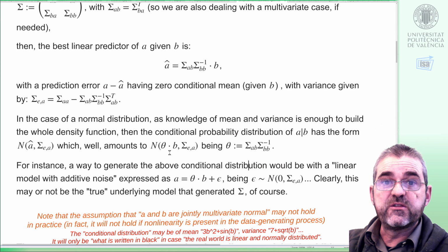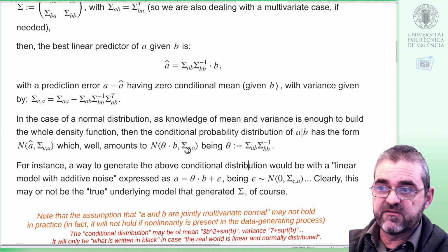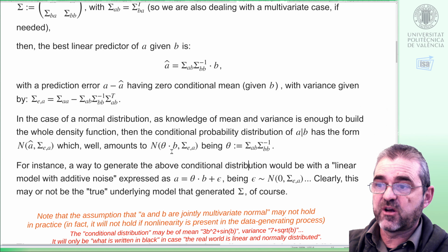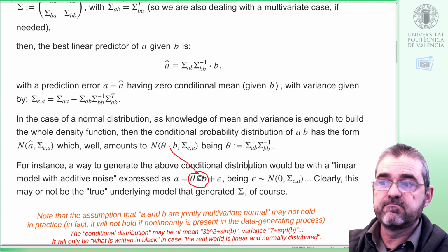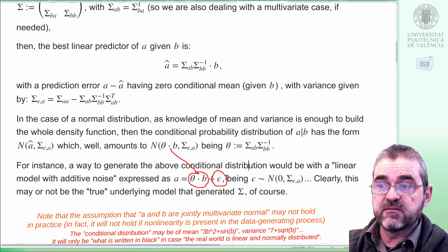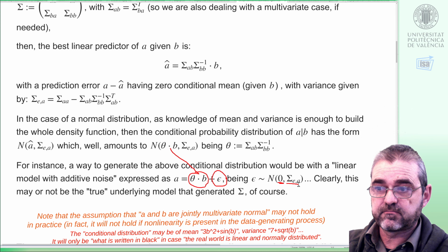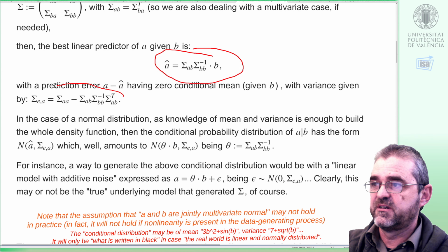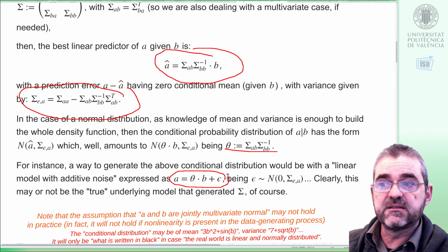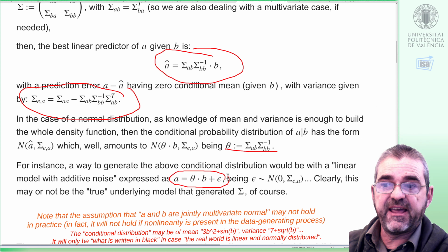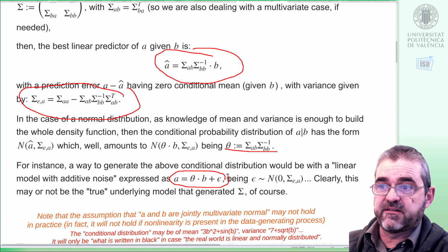A way to generate a normal distribution with a given mean and variance is, for instance, summing to the mean, once I know B, an independent random variable of zero mean and the required variance. So from this expression and this definition of theta, I can build this linear model with independent additive noise that generates the conditional distribution.